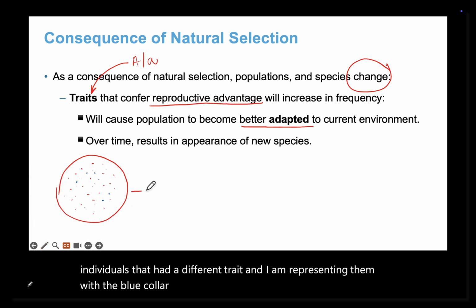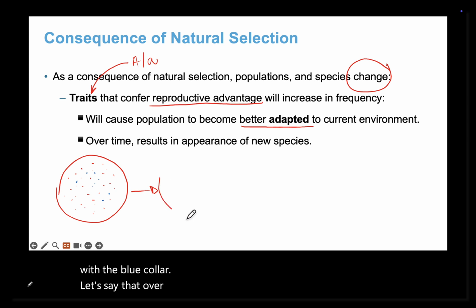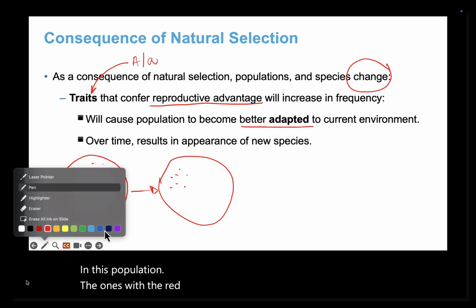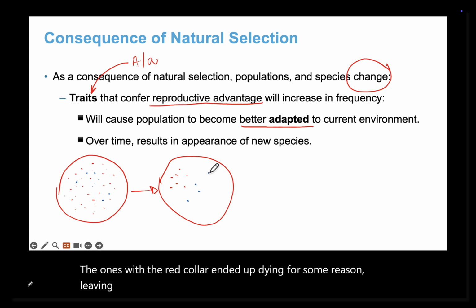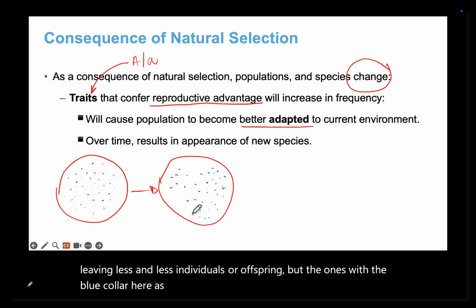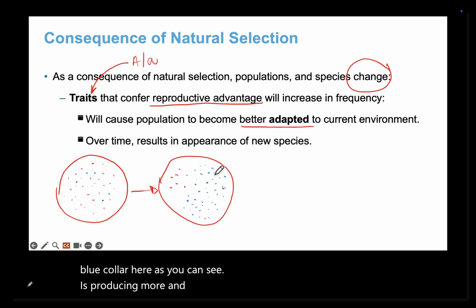Let's say that over time, in this population, the ones with the red color ended up dying for some reason, leaving less and less individuals or offspring. But the ones with the blue color here, as you can see, are producing more and more offspring over time.